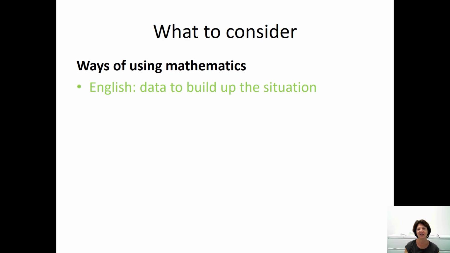So in English, students have to be able to read data, or read a map, or read some other numerical data, or prompt, we might call it, in order to build up a situation, or sometimes to write something creative, which is often difficult to do. But often it's to write an interpretation, a technical piece.